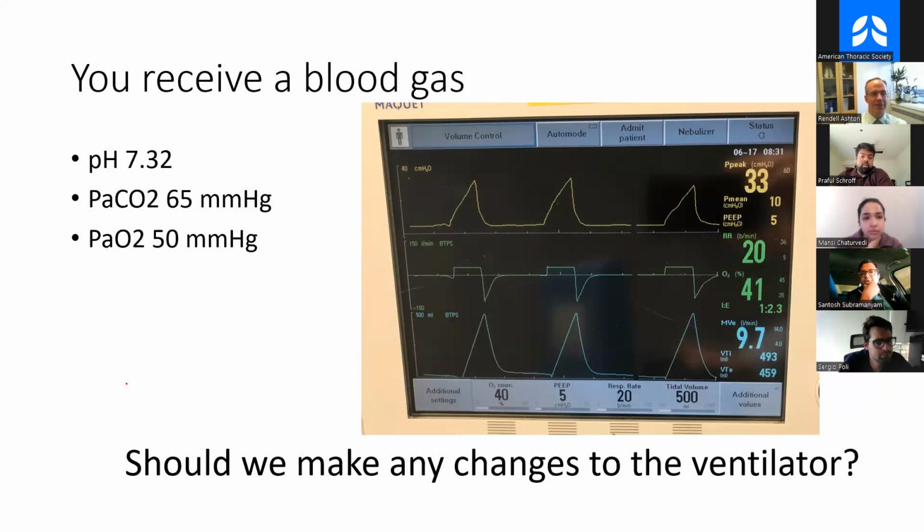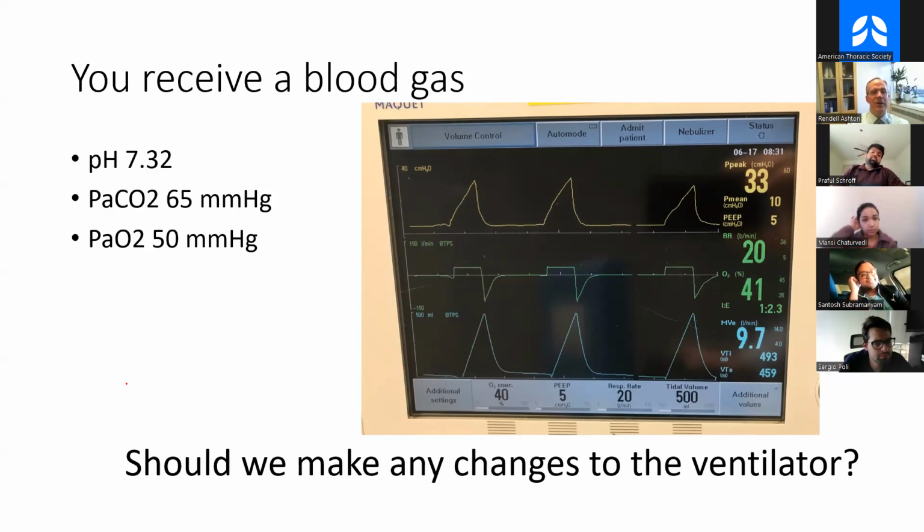Be concerned about the PCO2 being a little bit higher than what you want it to be and the PaO2 being a little lower than what you want it to be. So PCO2 is definitely higher than normal. PaO2 is definitely lower than desirable, way lower than normal.